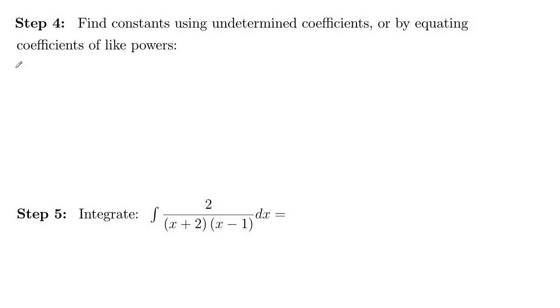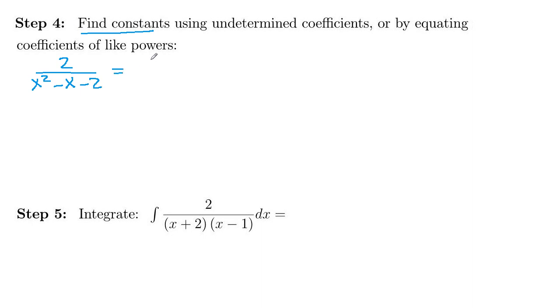So after step 3, which is find the general form, we do step 4, which is to find our constants. And we can use a method called undetermined coefficients or equating coefficients of like powers. So our original problem here, we had 2 over x squared minus x minus 2.